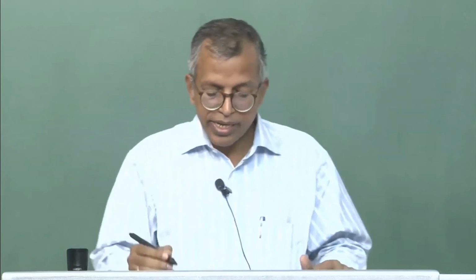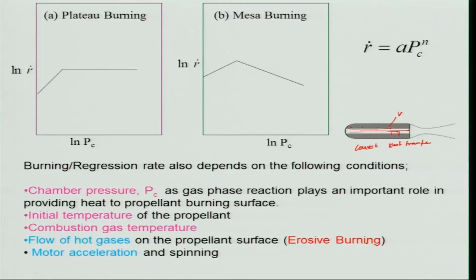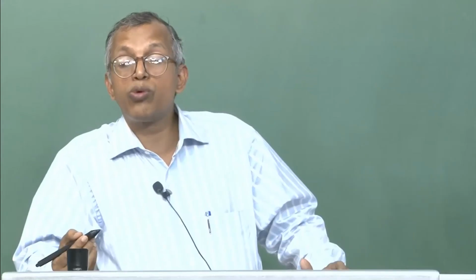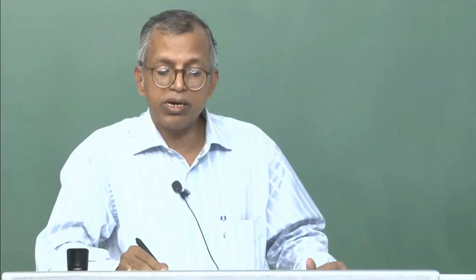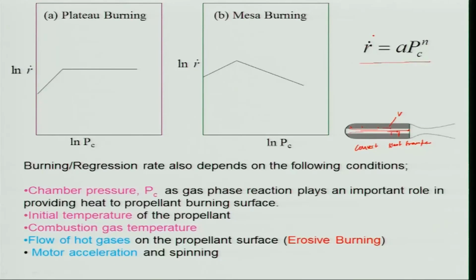Okay. So, that is known as erosive burning, and we will be discussing it a little bit sometime, because I am not getting into erosive burning now, right. That also will affect the regression rate, which you cannot get in this expression. This expression you cannot get it, because this is under steady state, no flow is taking place, right.